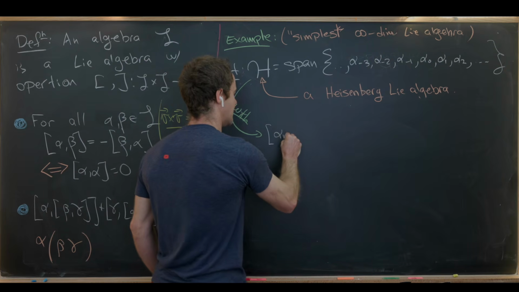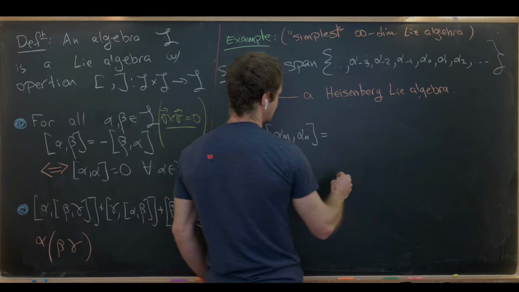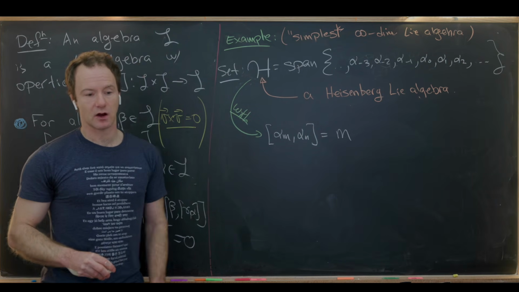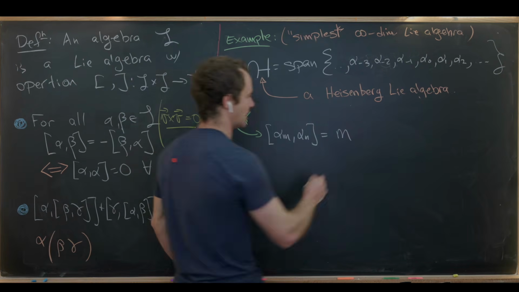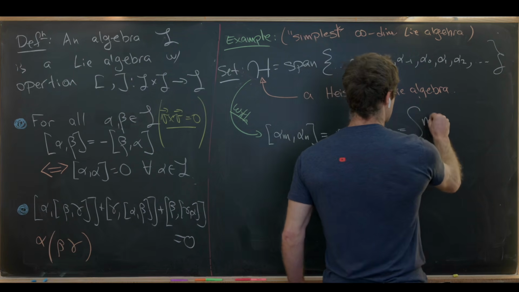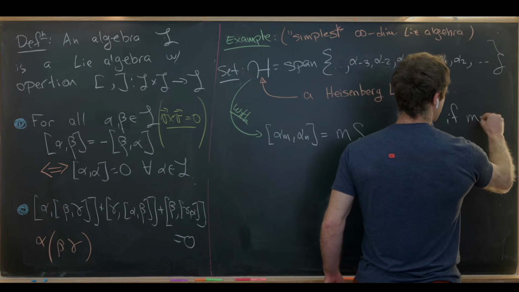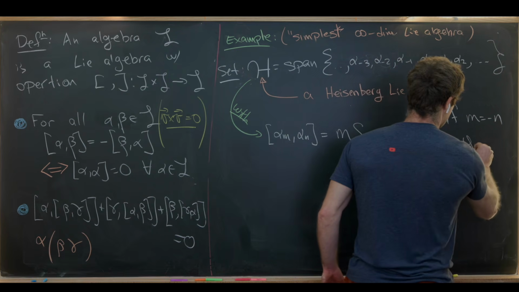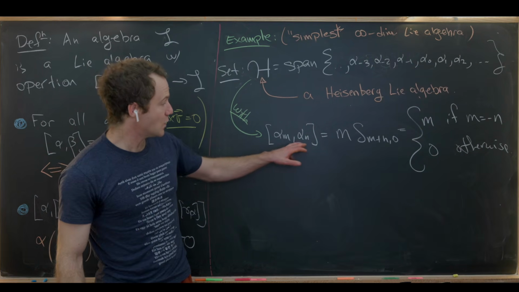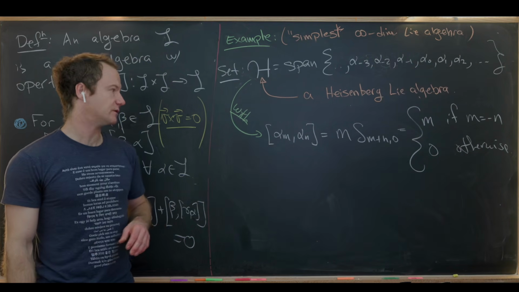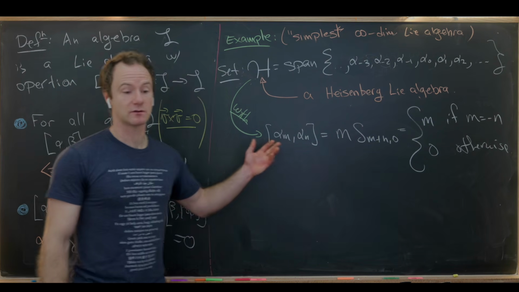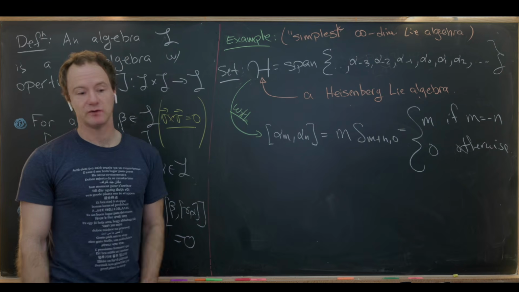We've got alpha m, alpha n is equal to m, but only if m and n are equal and opposite. In other words, delta m plus n 0. So this is m if m equals minus n and 0 otherwise. So most of the time, these two operators commute, because most of the time they don't add to 0. But every once in a while, they do add to 0.